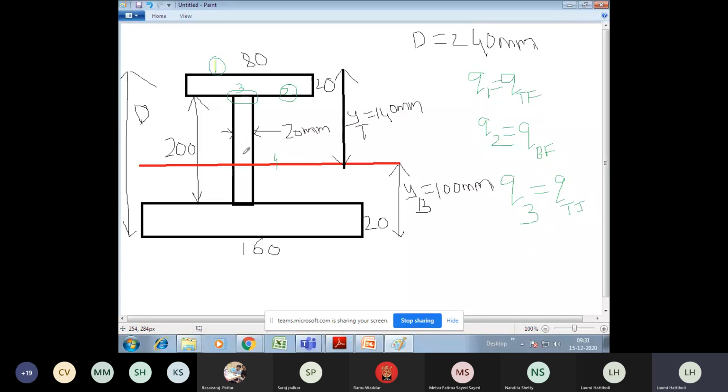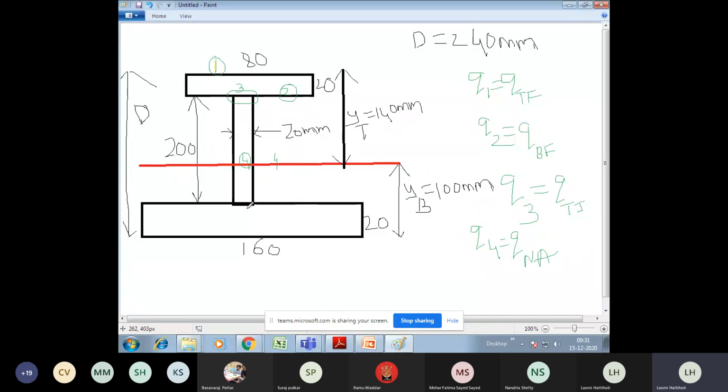What is this? Neutral axis. Am I correct? Call it Q4, or call it Q at neutral axis. So calculate the shear stress at the neutral axis.